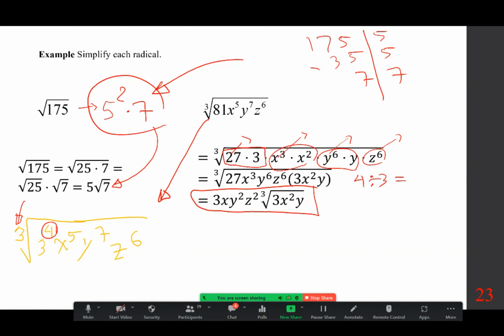So if I divide 4 by 3, it gives me 1 with the remainder 1. So 3 to the power of 1 comes out, and 3 to the power of remainder 1 remains.